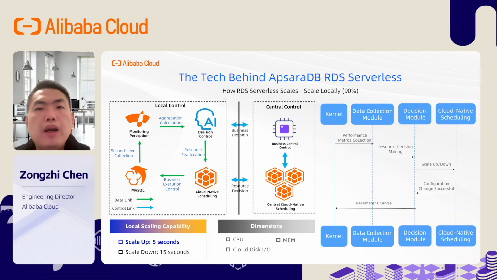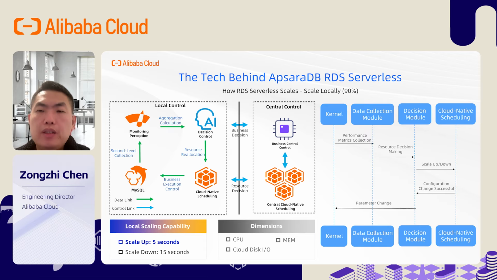This is the tech behind the ApsaraDB RDS service. There are two controls, the local control and the central control. The database kernel will send metrics to the data collection model. The data collection model collects the data and then aggregates it to the decision model. And then the decision model will make the choice whether to scale up or down.